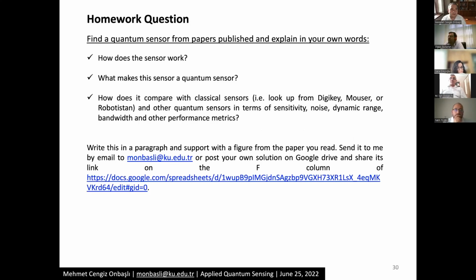So let me end with giving a quick little homework. I would like you to look up your favorite quantum sensor type from the papers published in the journals that I showed, and pick one, explain how the sensor of your choice works, explain what makes this sensor a quantum sensor, and how this sensor compares with classical sensors or other quantum sensors.